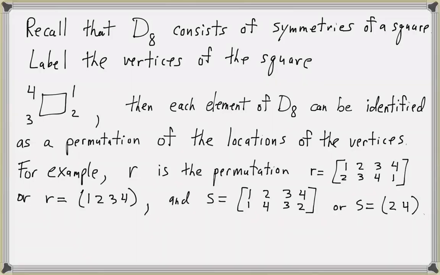If we think of D8 in this way as just permuting the numbers 1 through 4, we see that D8 is actually isomorphic to a subgroup of S4.